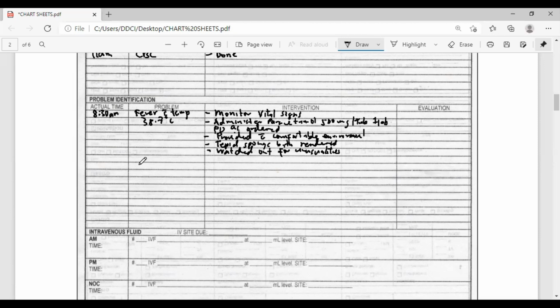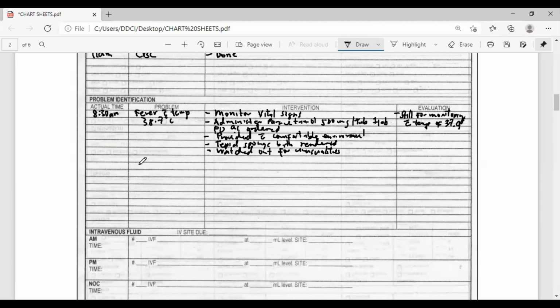Then for the evaluation, you can just put here still for monitoring. Later, after your shift, you can recheck, or after how many minutes, you can recheck for the temperature of the client, and you put in the evaluation with temp of, for example, the temperature of the client already went down due to your intervention, so you just put there with temp of, let's say, 37.4.